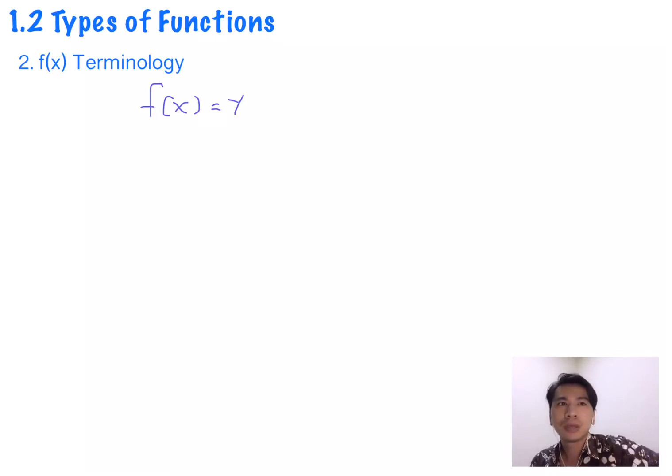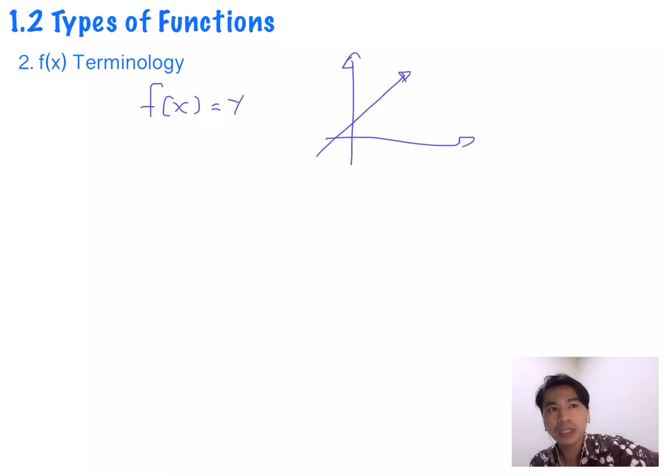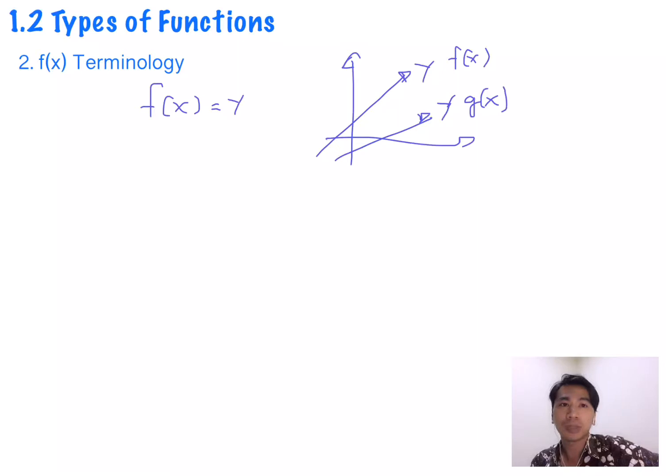Because in more advanced problems, when you have graphs and all the graphs are represented with y, this is y, the other one is y, then we cannot tell which y is mentioned unless we put it as this is f of x or this is g of x. That's why we need f of x terminology.